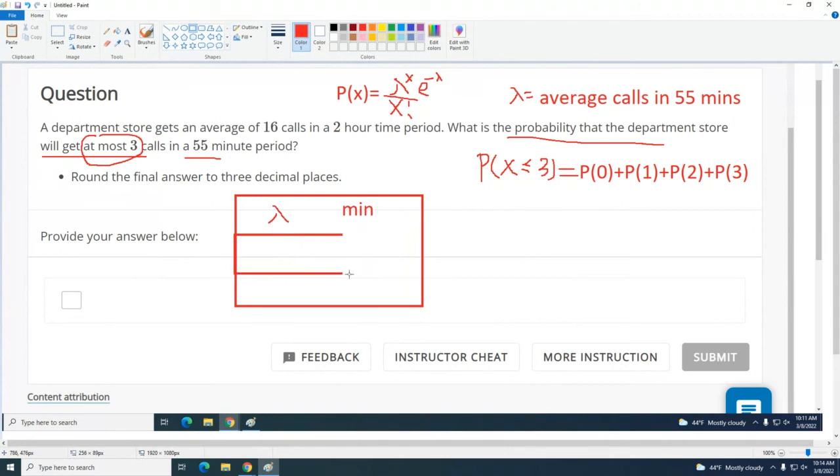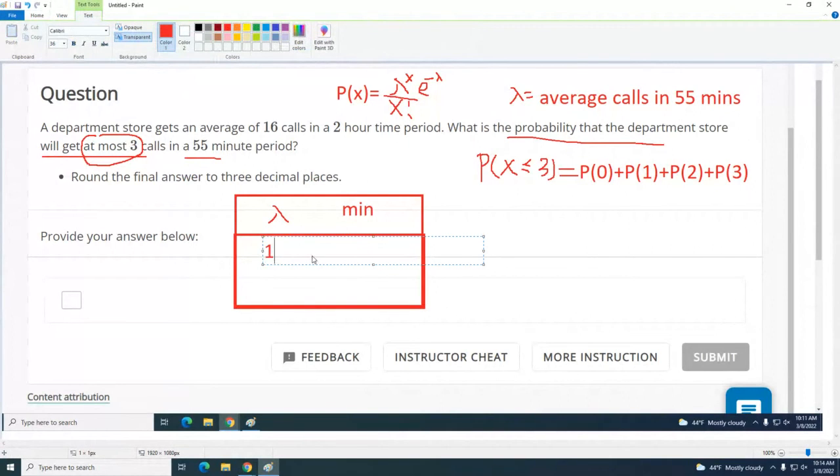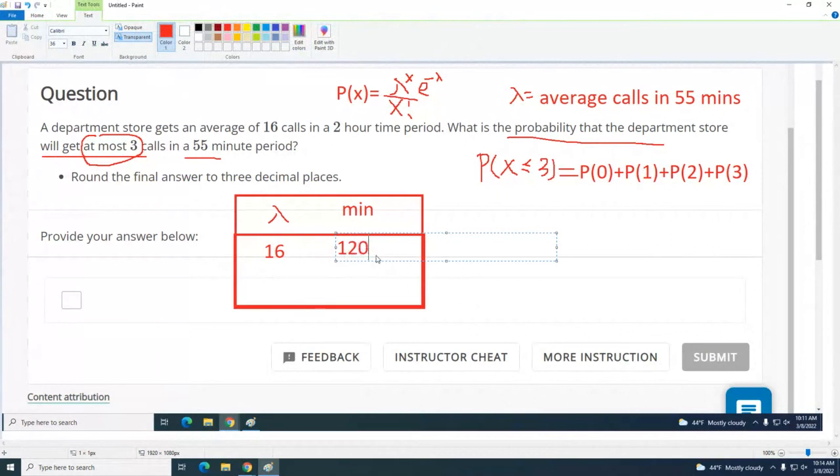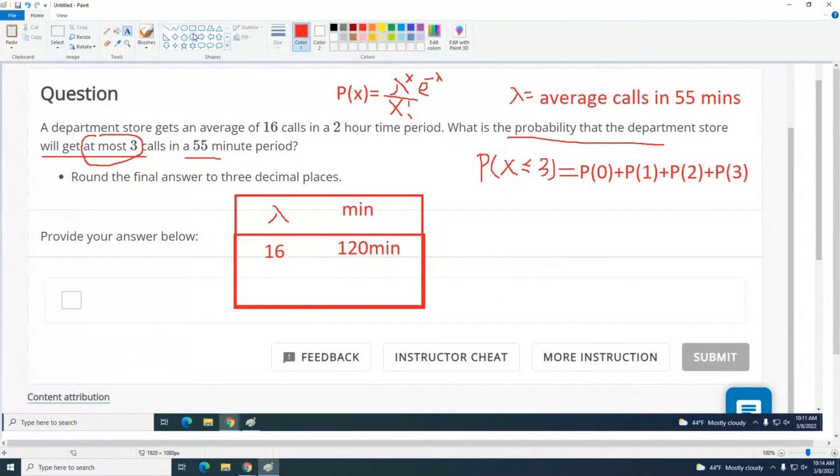So what do we have? We have some information about the average. It says here that you get 16 calls in 2 hours. So we have 16 calls in 2 hours, which represents 120 minutes. And then now we're looking at how many phone calls in 55 minutes.